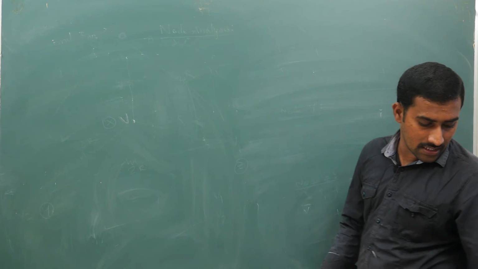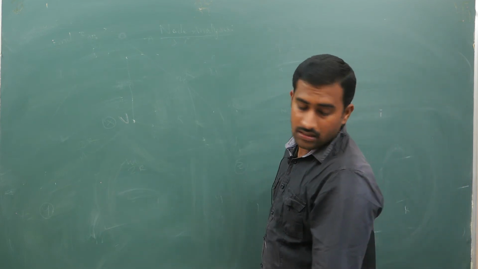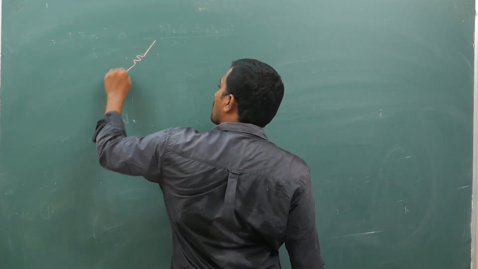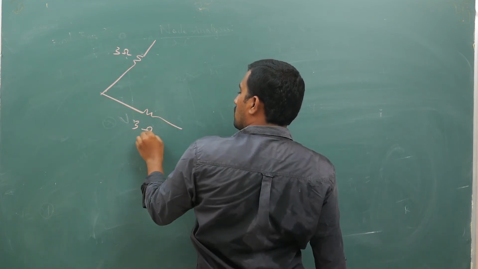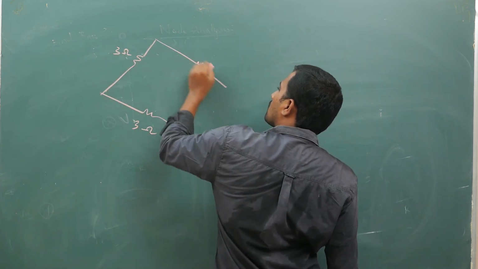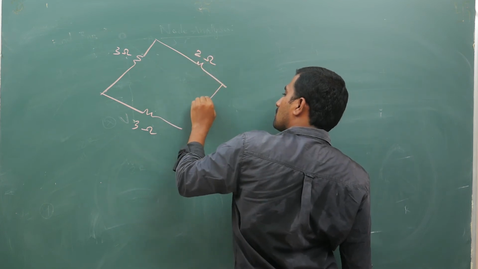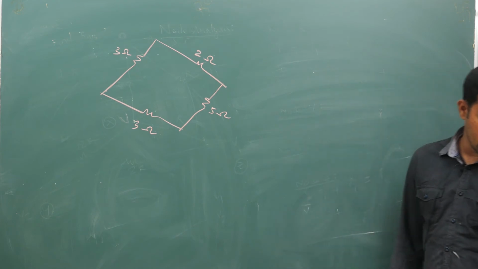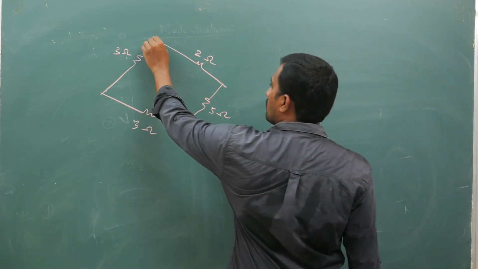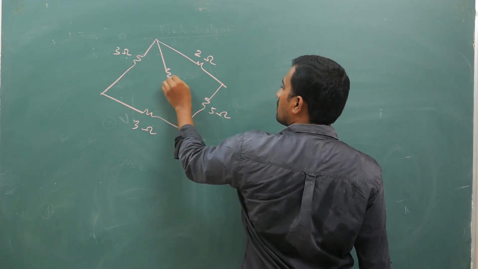Next, your next question is: 3 ohms, 3 ohms, 2 ohms, 5 ohms, and you have a 3 ohm resistor in the middle.